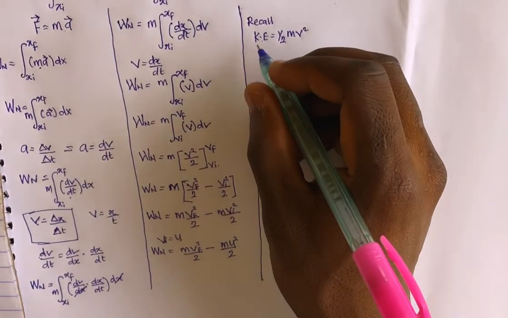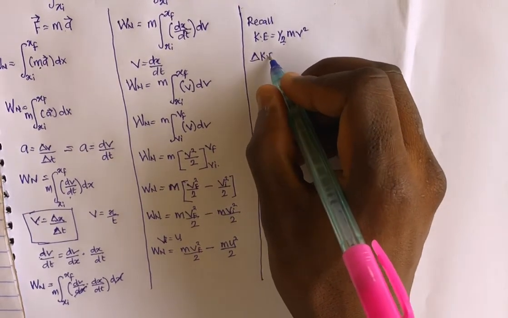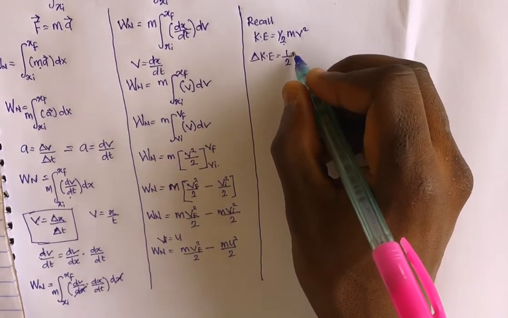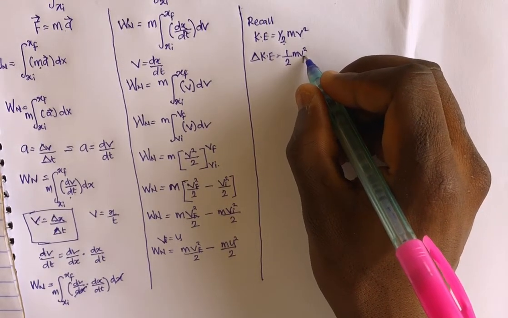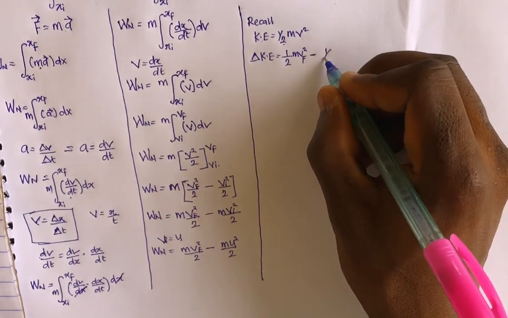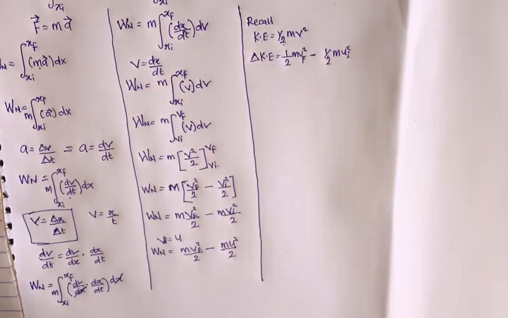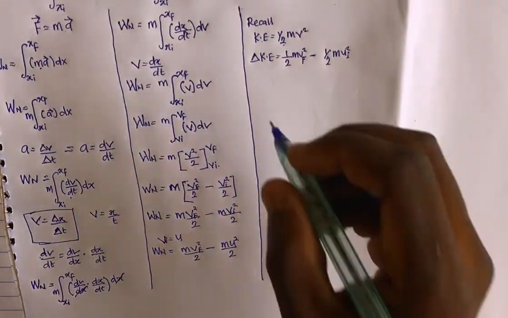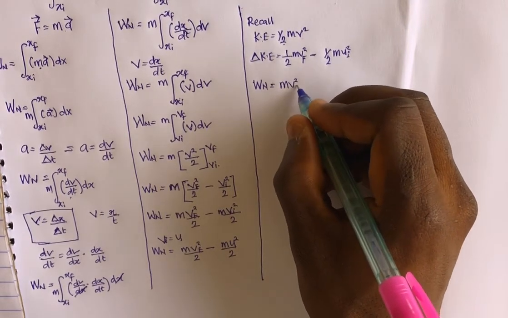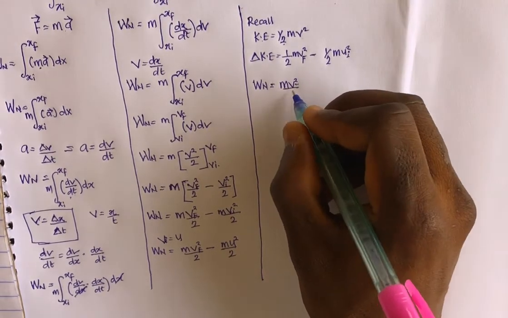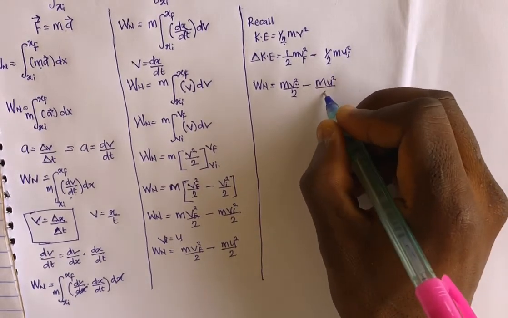So if kinetic energy is equal to this, then my change in kinetic energy will be half m v squared, my final, minus one over 2 m u squared, which is my initial kinetic energy. So in this case, I can record this: net work done equals mv squared over 2 minus mu squared over 2.